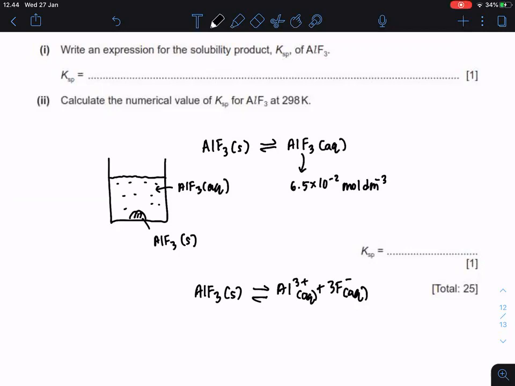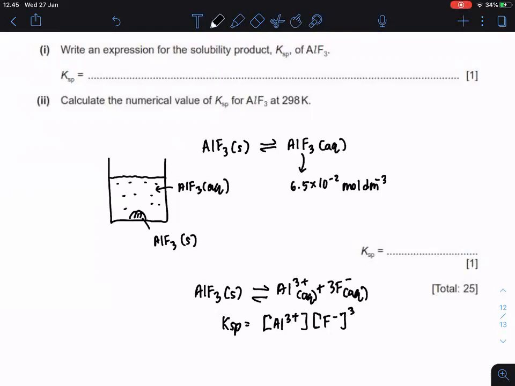So for the KSP, we take the Al3 plus and the F minus to the power of 3, and we do not need to include the concentration of AlF3 because it is a solid, which is a constant.